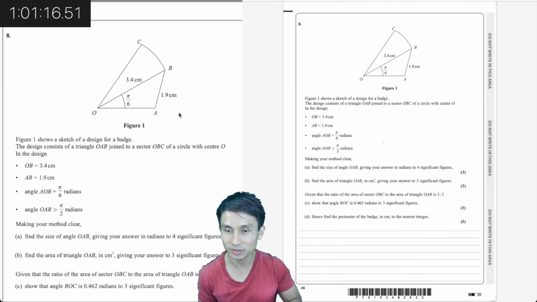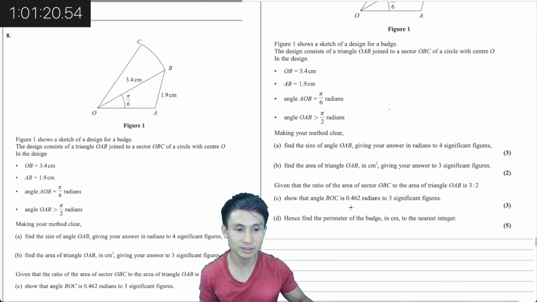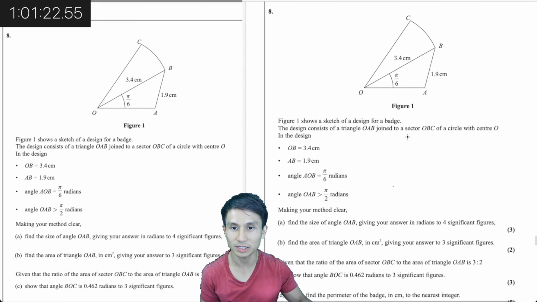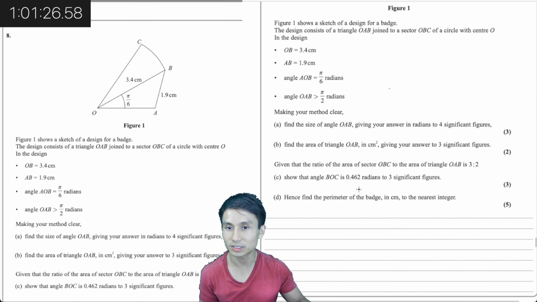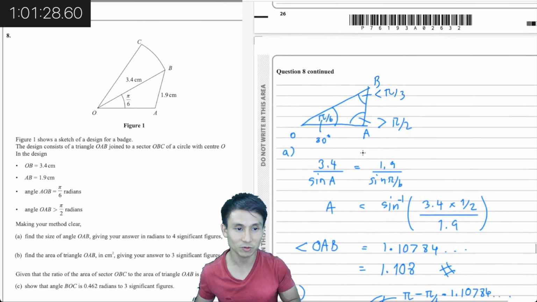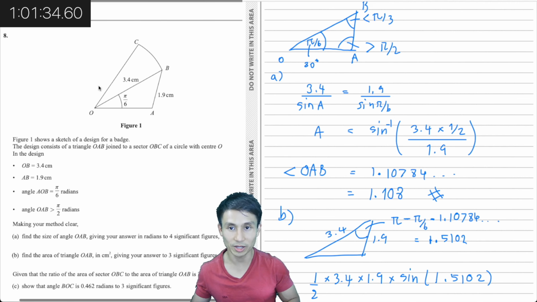Okay, here we go. It says here to show that BOC is just 0.46. All right, so I'm just going to check my working again. Okay, so I drew that triangle. Find the size of angle OAB.